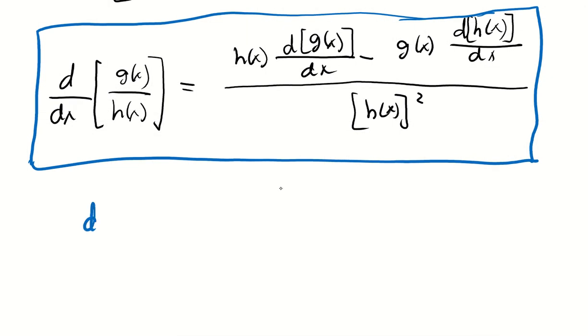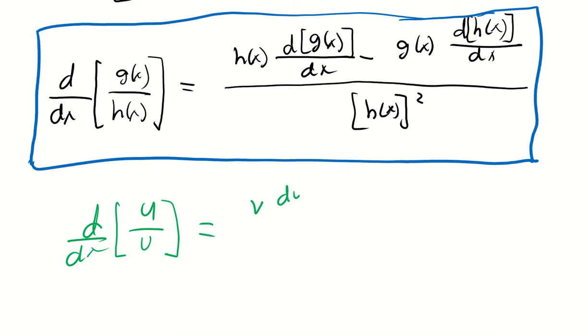So the derivative of u over v is equal to v du minus u dv, all over v squared.